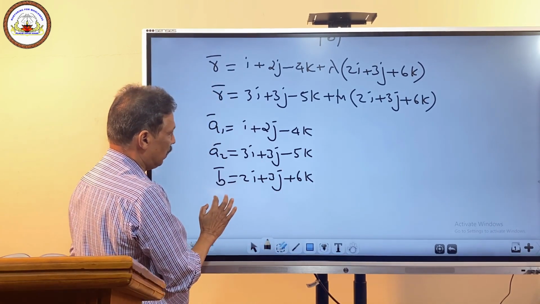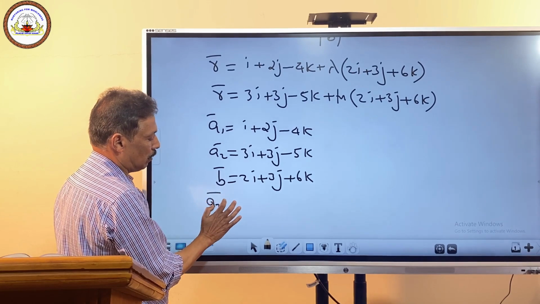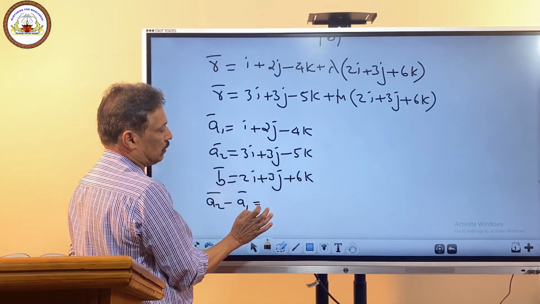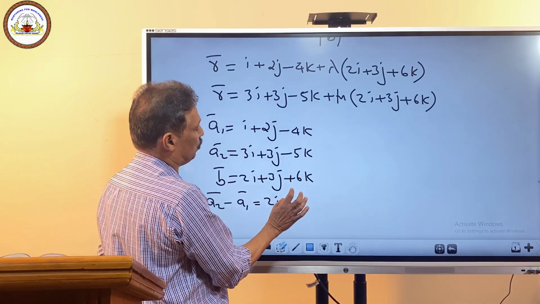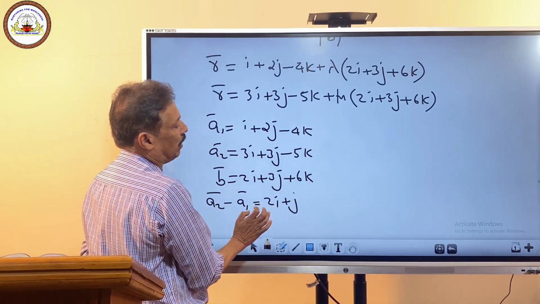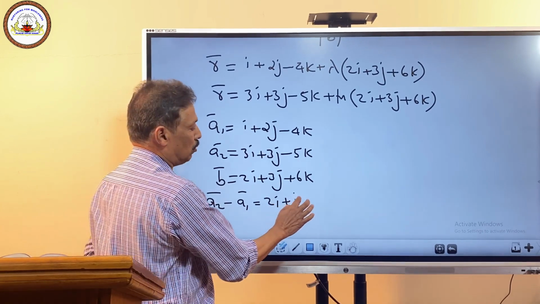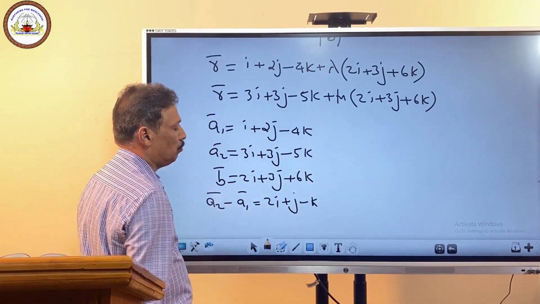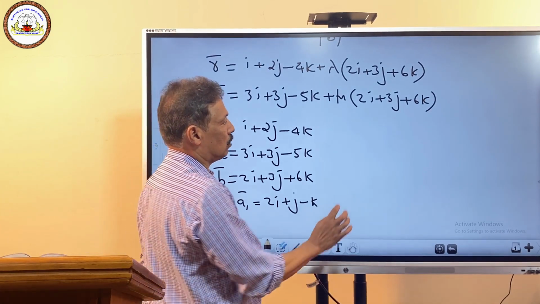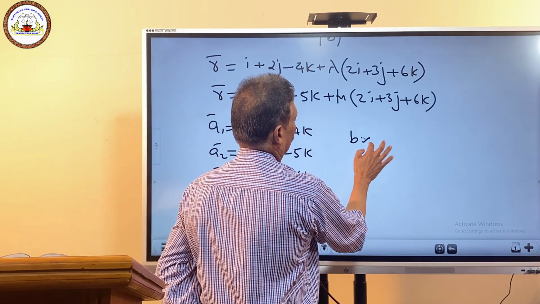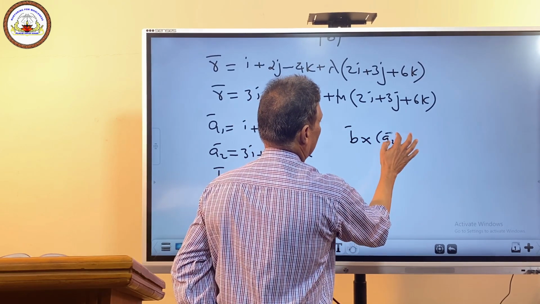First of all, we find A2 minus A1. A2 minus A1 is 3i minus i equal to 2i, 3j minus 2j equal to j, and minus 5k minus minus 4k equal to minus k. That is A2 minus A1. Then we find B cross A2 minus A1.